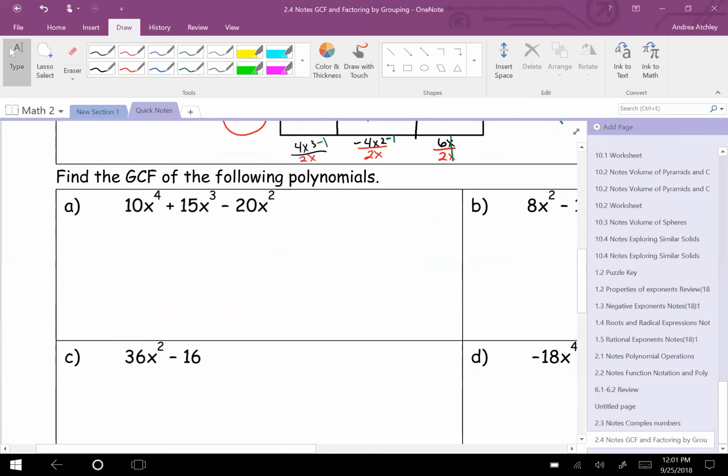Okay, now find the GCF of the following polynomials. So again, we're going to start with a box. This is the area of all the little pieces.